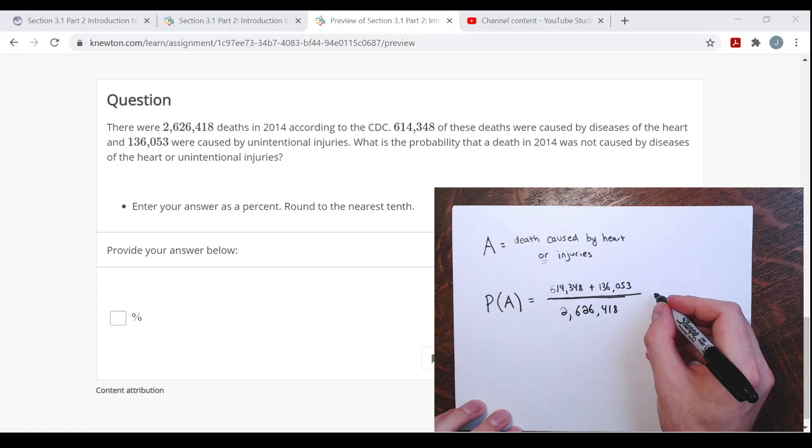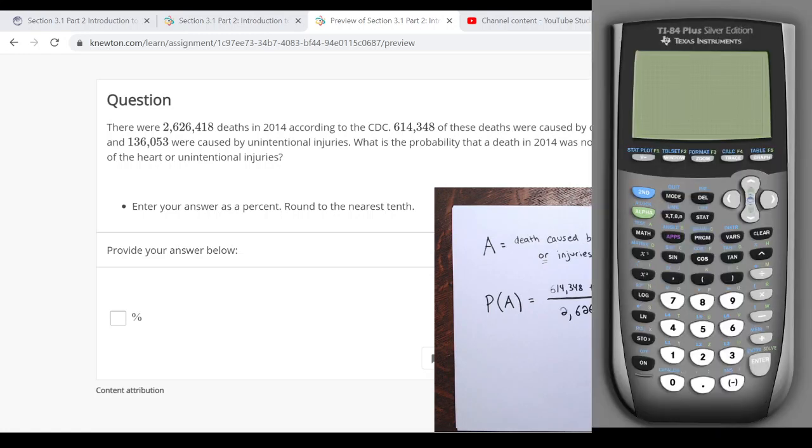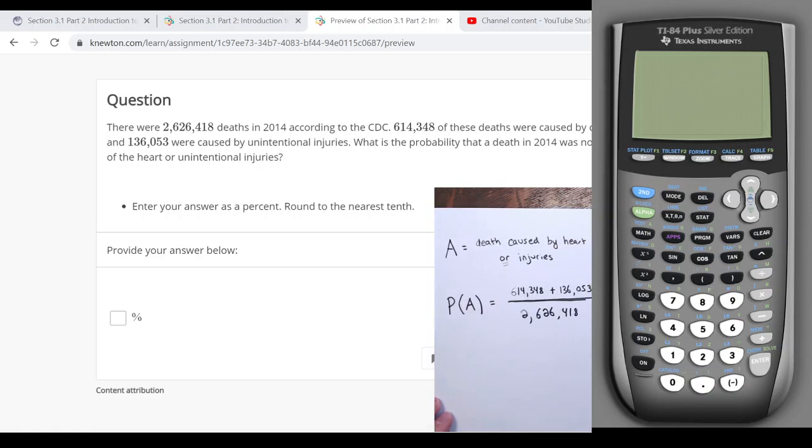And we'll approximate this. I'll bring my calculator up and do this. Let's see what the numerator is first. All right, what's 614,348 plus the injury deaths, 136,053.